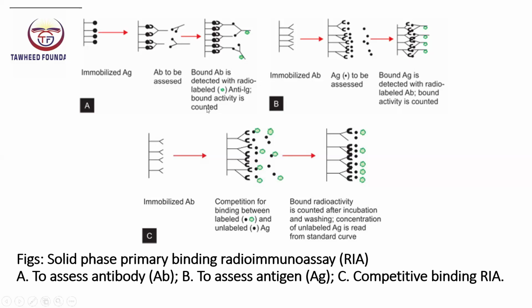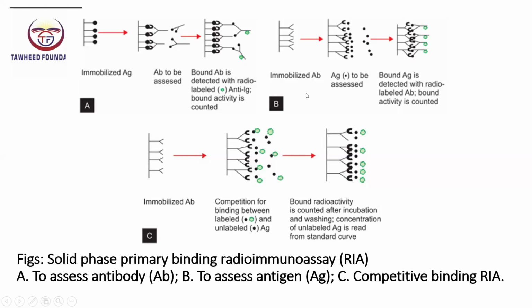When a serum sample containing antibody is added, the antibody binds to the immobilized antigen. A radiolabeled anti-immunoglobulin antibody is then introduced to detect the bound antibody. The amount of radioactivity measured corresponds to the antibody concentration.